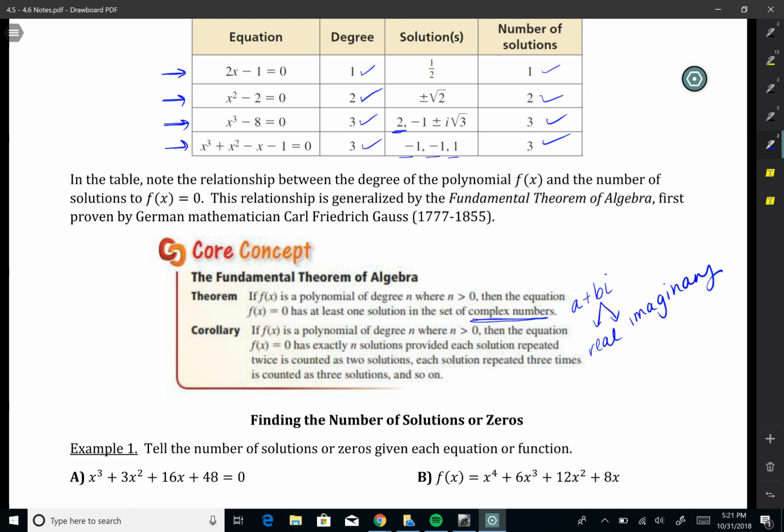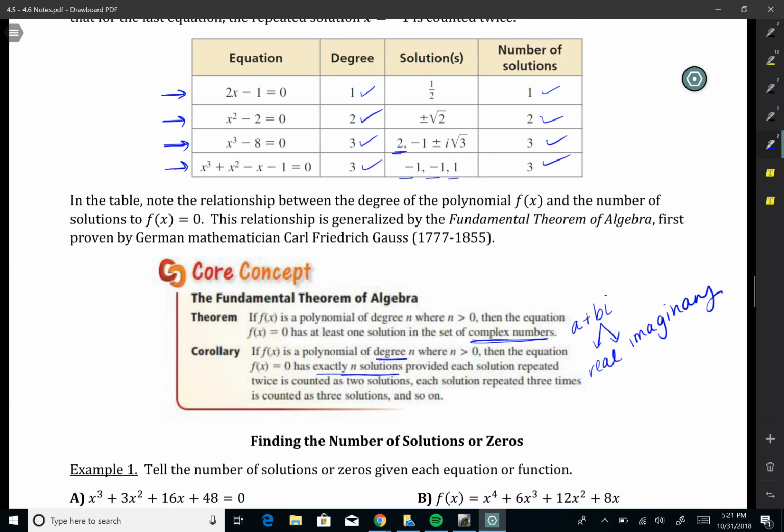The corollary to this theorem, which follows the theorem, is that if the degree is n, where n is greater than 0 again, then the equation f of x equals 0 has exactly n solutions. Provided each solution repeated twice is counted as 2 solutions, each solution repeated 3 times is counted as 3 solutions, and so on.